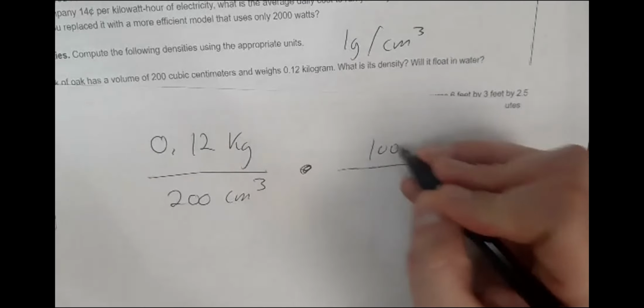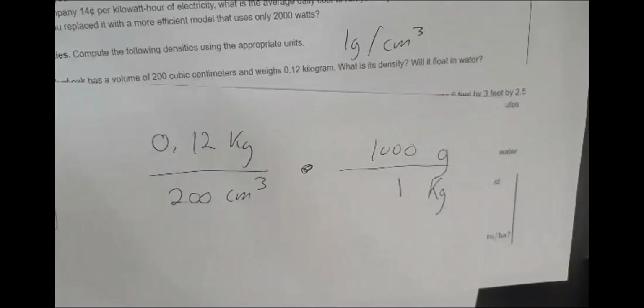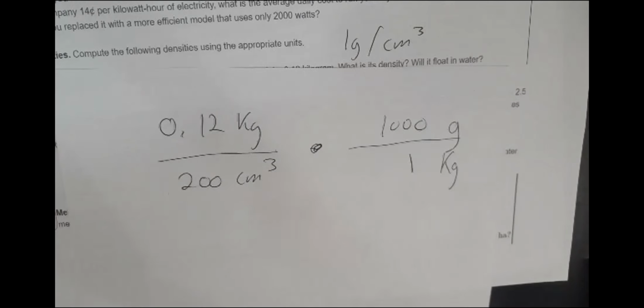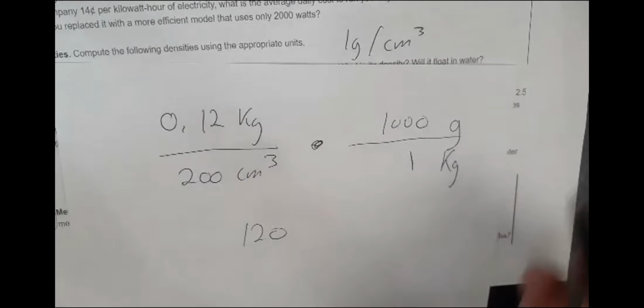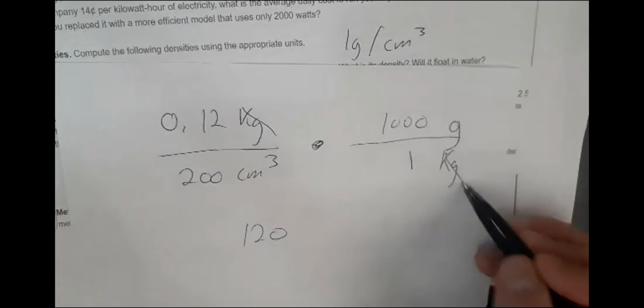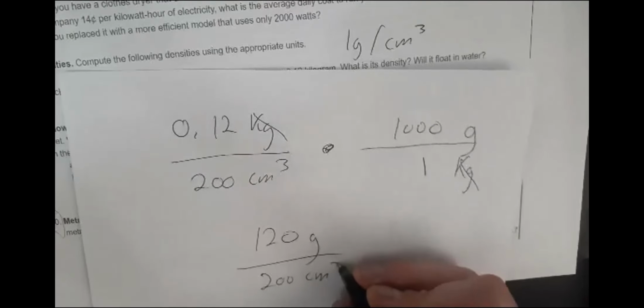A kilogram is 1,000 grams. So 0.12 times 1,000. Working up a sweat doing math. 120 is what we should get on the top, in grams, over 200 centimeters cubed.